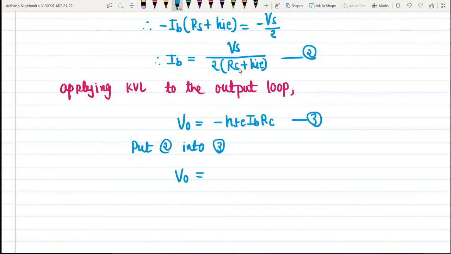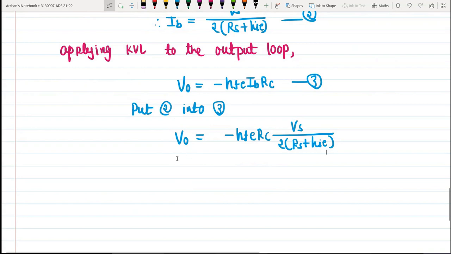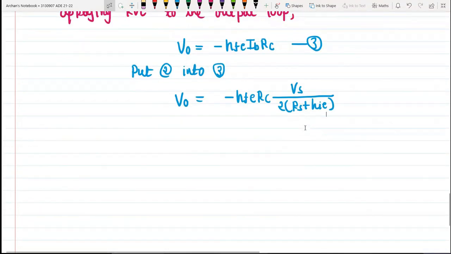Hence, we will get V0 is equal to minus HFE RC Vs upon 2 times RS plus HIE. Now V0 is my output voltage and Vs is our input voltage, and the ratio of output by input will give us the value of the gain.